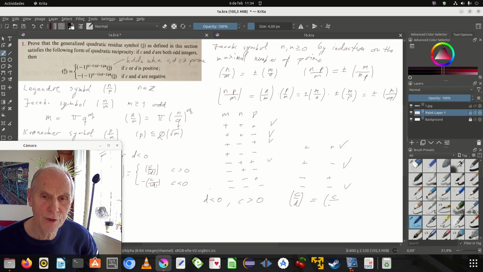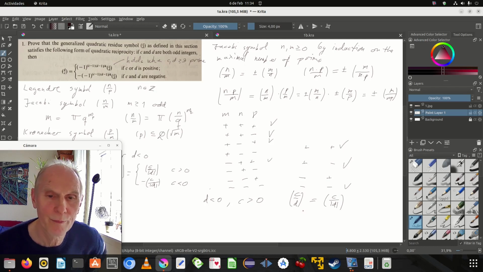By definition, this is equal to this symbol.